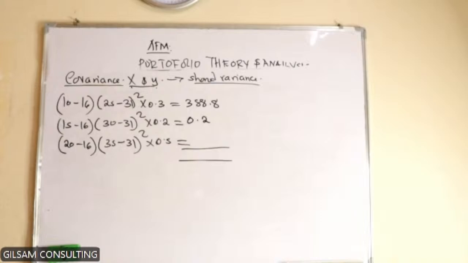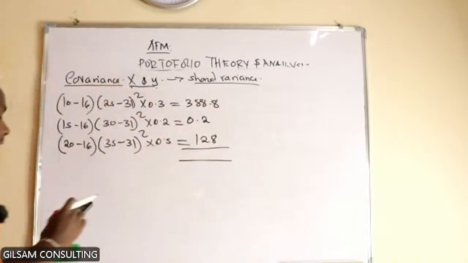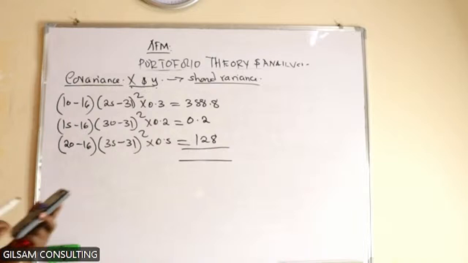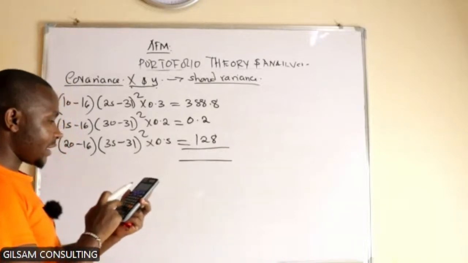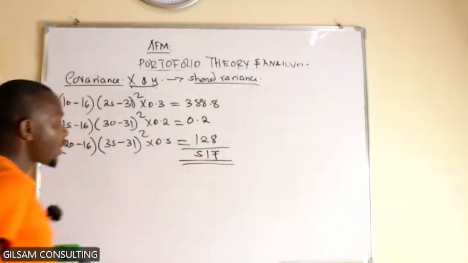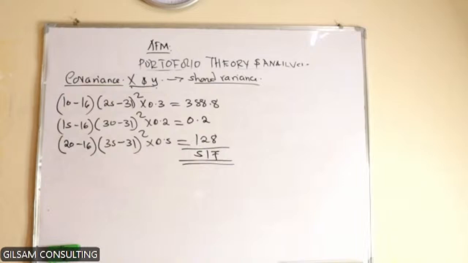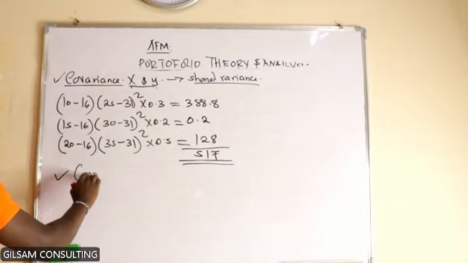So for the weight, multiply by 1 minus the other. Let's get the sum. I'm getting 0.317. So that is the first part of that question. That is the first covariance. And then we have what is called the correlation.